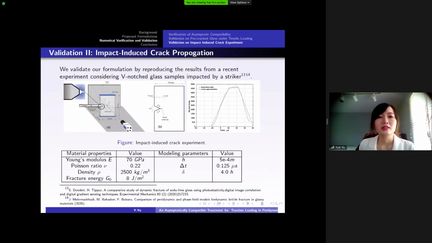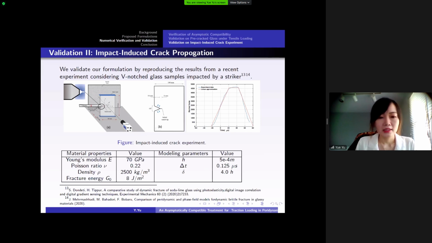The other experiment I want to show is a comparison with a recent experiment on a V-notch glass sample which is impacted by a striker. The setup of the experiment is as follows. The nice part of this experiment is that they also provide the normal force applied on this striker.